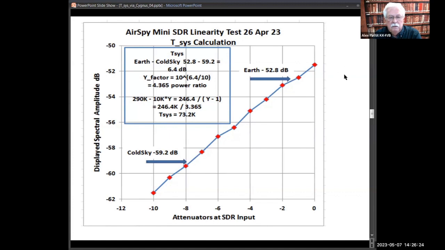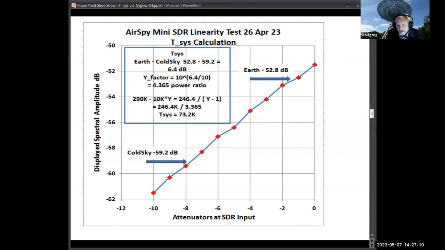I just stuck the little Sawbird H1 with a 50 ohm resistor in it as a noise source, and I think I had to add 10, 11 dB in series so that I could put in step attenuators, and that it would cover the same range in the SDR. So this was adding some different physical attenuators into the SDR over the same range of analysis that I was using for the sky measurement. So I can at least say the SDR is linear, that there's nothing wrong with that setup. So I've been trying to come up with some ideas of seeing if I could find a source for this disparity.